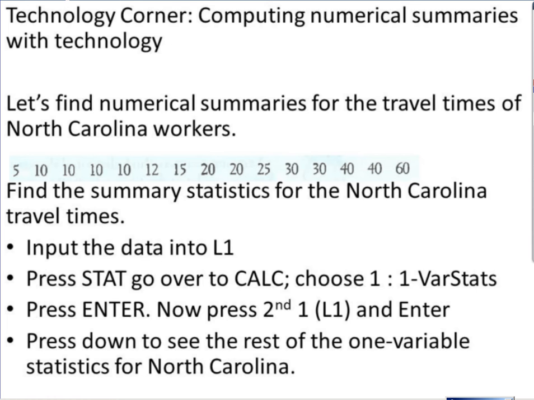Now the good news is you don't always have to do these by hand. You can calculate the standard deviation on your calculator. Let's go back to the problem about the North Carolina workers and how long it takes them to travel to work, where they took a sample of 15 workers. The first thing we're going to do is input the data into list 1.